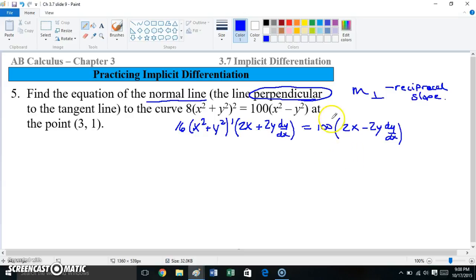Okay, we've got to distribute and isolate. So on the left-hand side, I'm going to have 32x plus 32y dy/dx. I move that 16 into there.